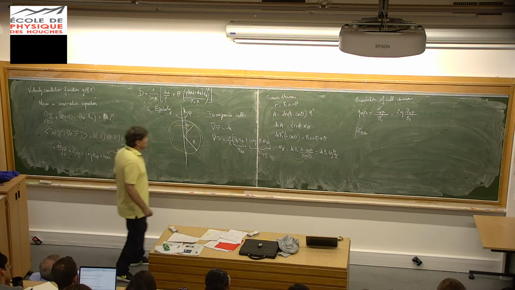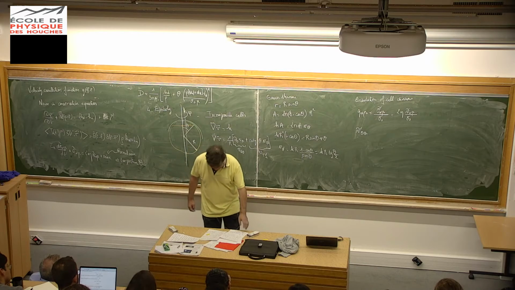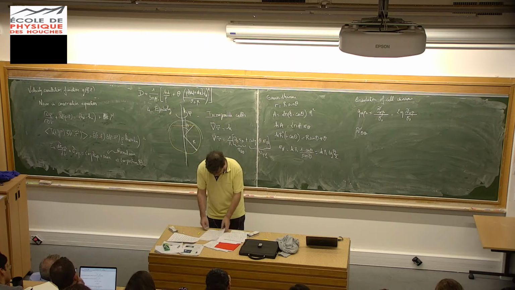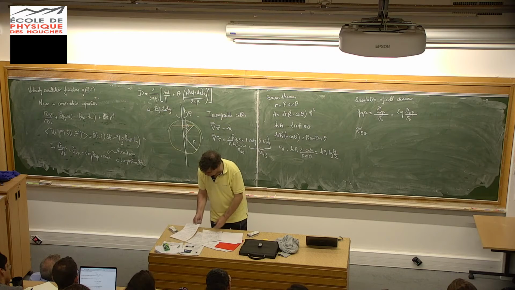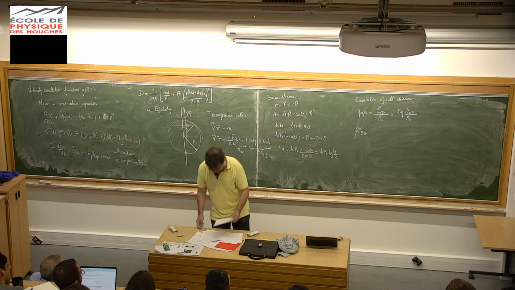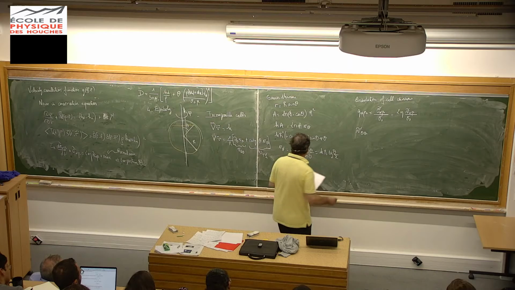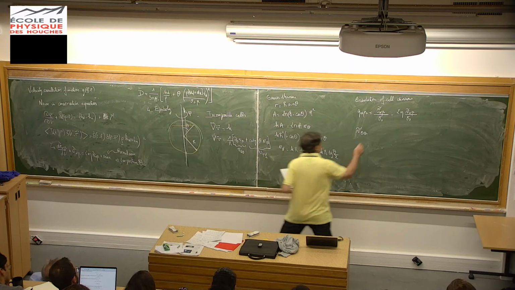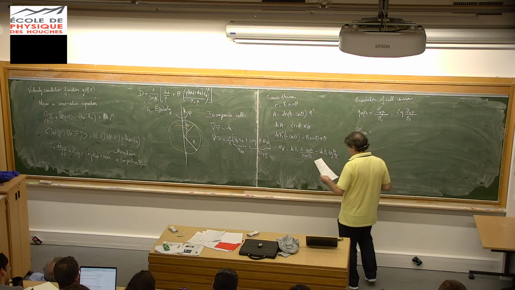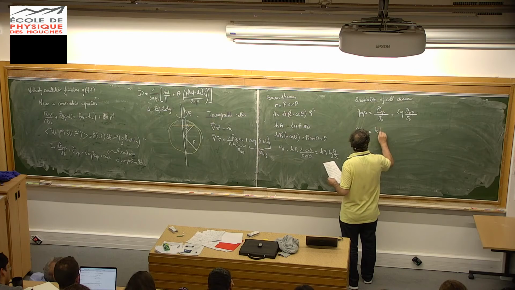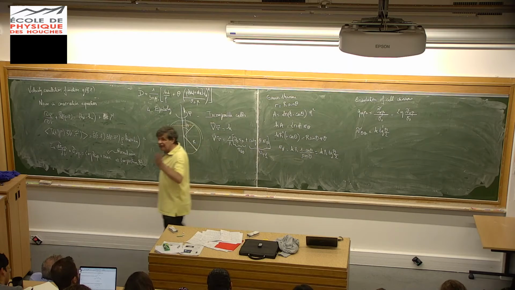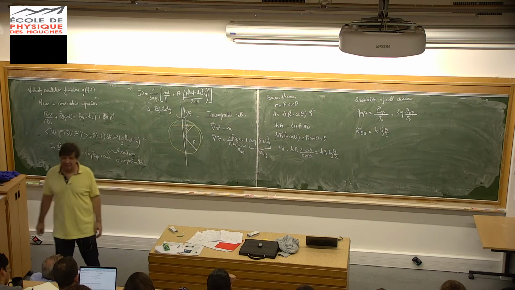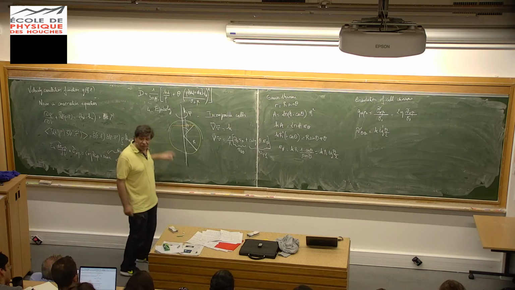And the trace is k, so it's k over 2. So v tilde theta theta is equal to k tangent squared theta over 2. The off-diagonal term is 0 because there is no flow along phi.